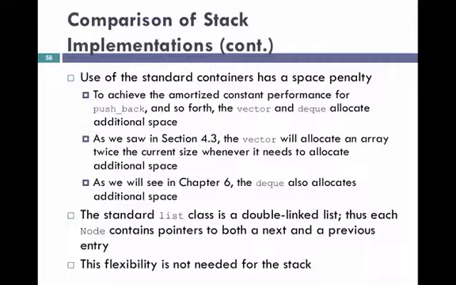Now the standard list class is a double linked list, so each node has pointers to both the next and the previous. And stack doesn't need this kind of flexibility, so there is some extra space overhead by using these standard containers. And in some instances, that might be why someone might implement their own stack class, so that they can optimize for some of this space.